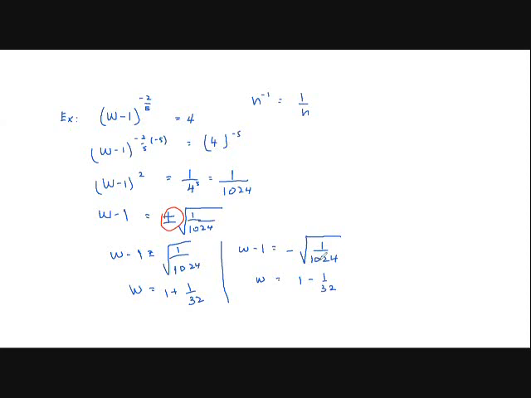Okay. And then you simplify, that's all, to become the final answers. So it becomes 33 over 32, and this one becomes 32 minus, becomes 31 over 32.